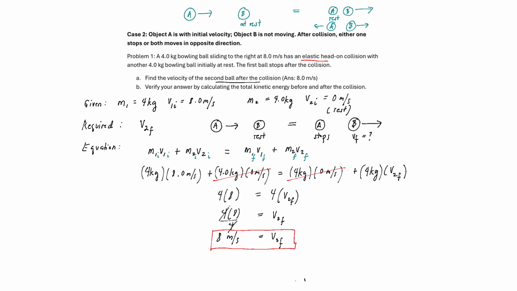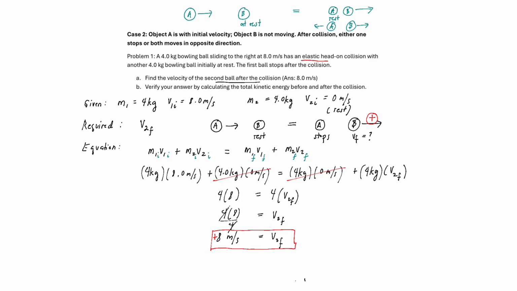Now this one is positive simply because the velocity represents going to the right. And how about for letter B?